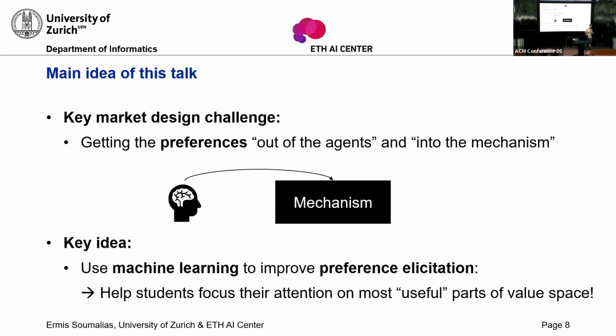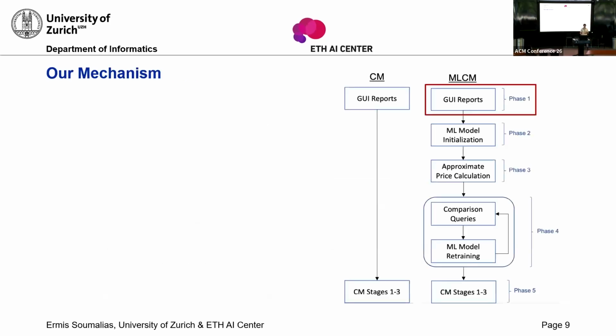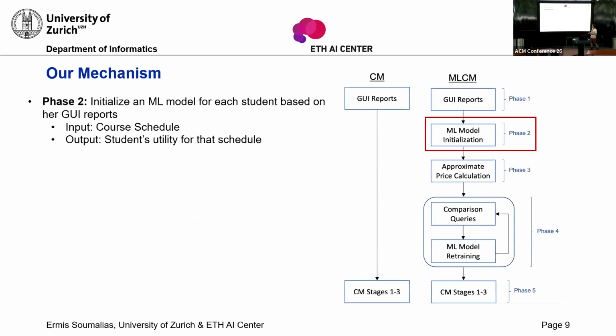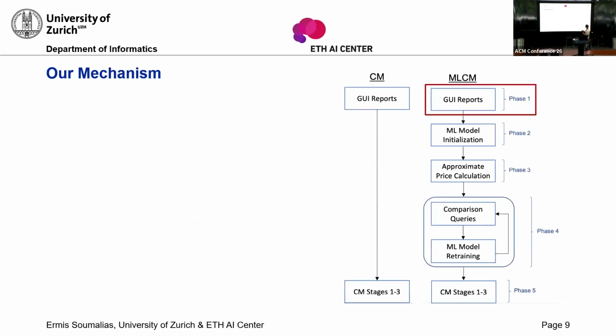And this is where we come into play. Our idea is to use machine learning to improve preference elicitation by focusing the students' attention on the most useful part of the allocation space. Now I'll compare our mechanism against the original one. Students report their preferences using the same graphical user interface that they're already used to.